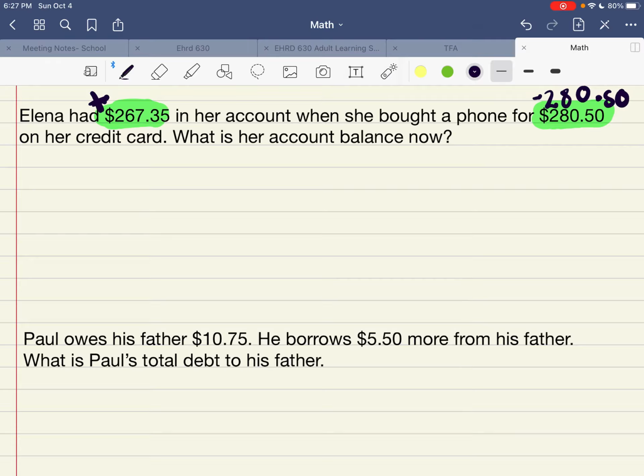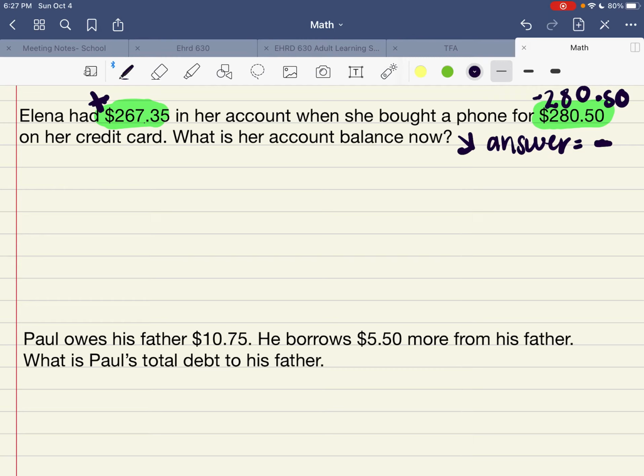So before I even do the math, I'm going to do some logical thinking. So she has $267. If she spent $280, is she going to be in the positive or is she going to be in the negative? Did she spend more than she had? Yeah. So I want to first note that my answer is negative. So whatever answer we get, we need to make sure it's negative.